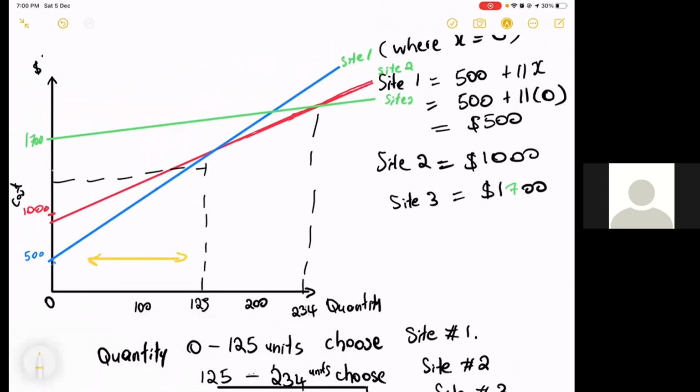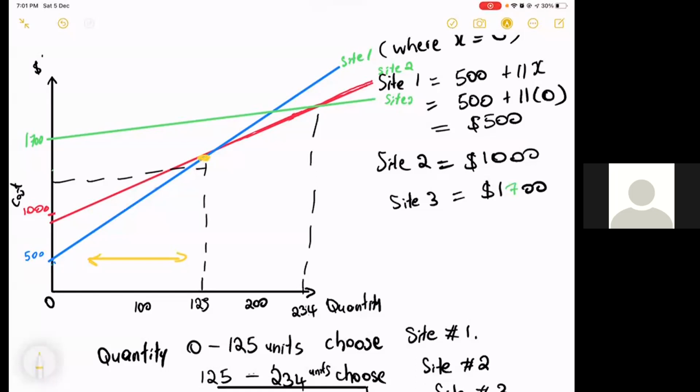That means that it is providing us the lowest cost for the amount that we are producing. Yeah, right here, it's giving us the least amount of cost until this point right here.